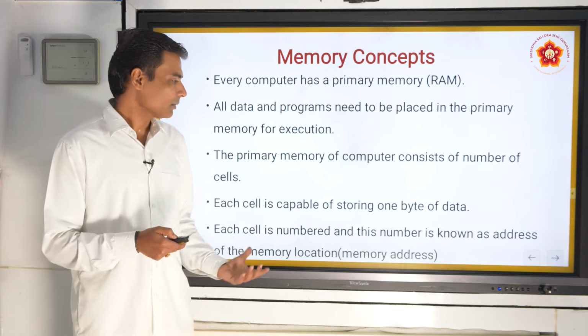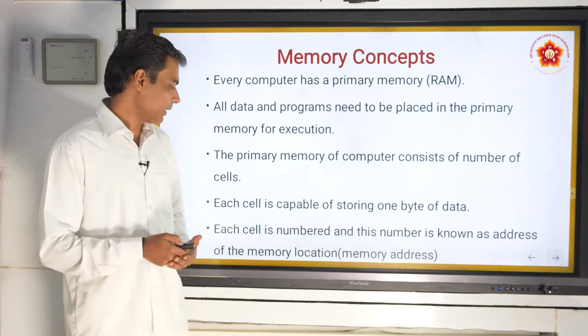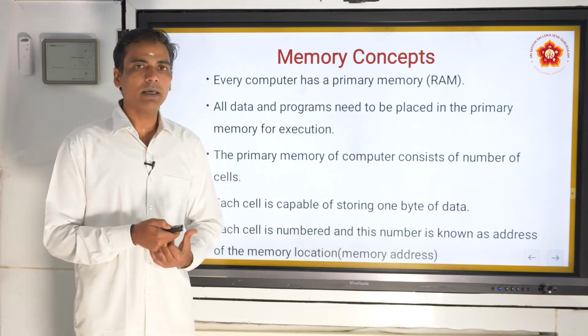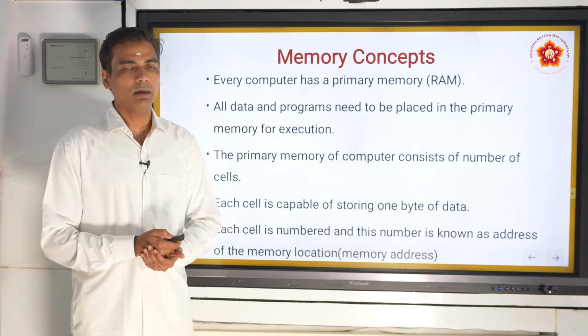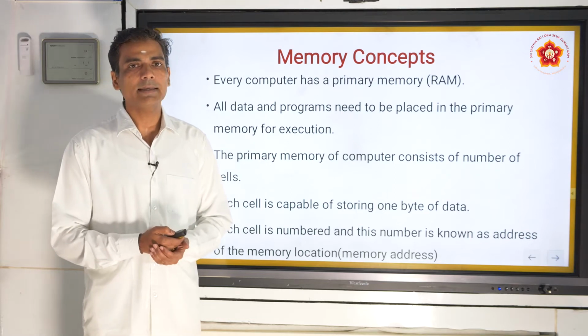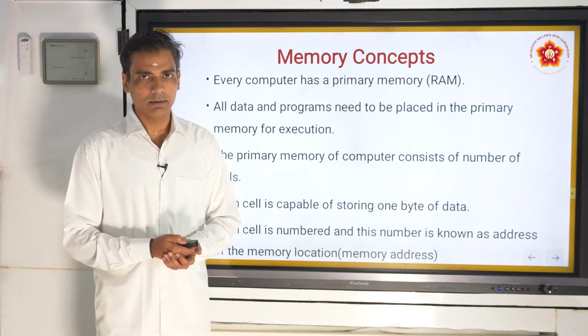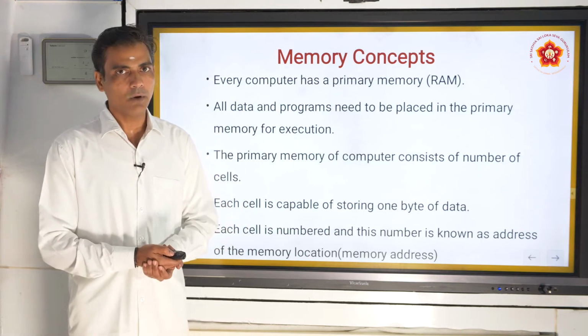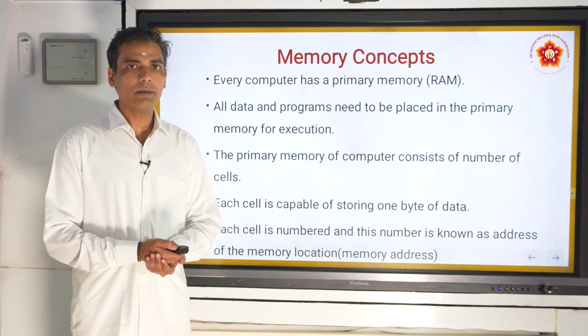Each cell is capable of storing 1 byte of data, and each cell is numbered, and we call this number the address of a cell. And these addresses are in hexadecimal form.